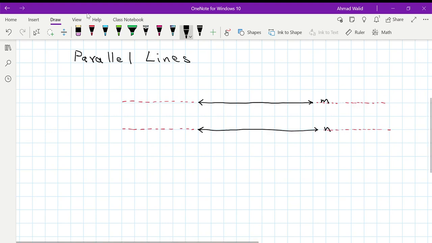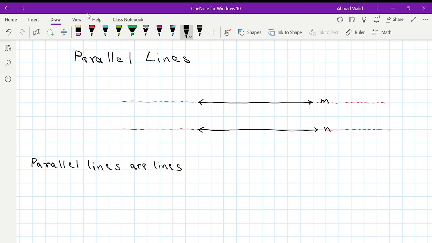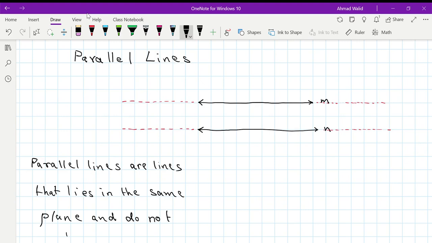Now, to put a good definition for parallel lines, I can say parallel lines are lines that lie in the same plane and, the important part, do not intersect. This will be the definition of two parallel lines.